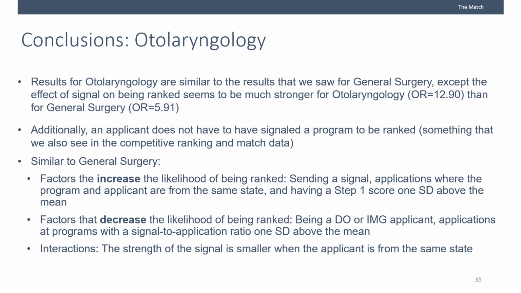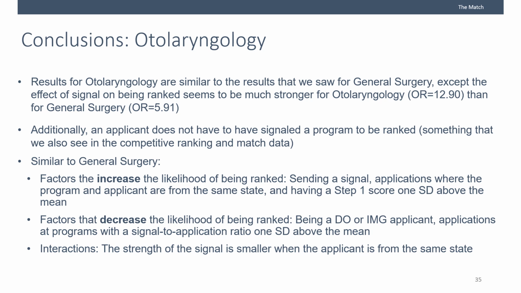Similarly to general surgery, factors that increase the likelihood of being ranked included sending a signal, applications where the program and the applicant were from the same state, and having a step 1 score 1 standard deviation above the mean. Conversely, there were some factors that decrease the likelihood of being ranked: being a DO or IMG applicant, as well as applications at programs with a signal to application ratio 1 standard deviation above the mean.